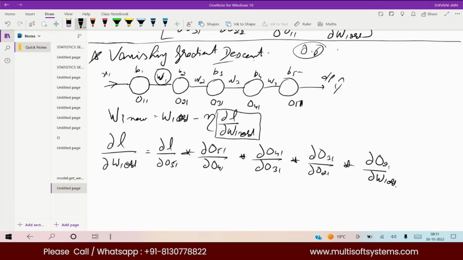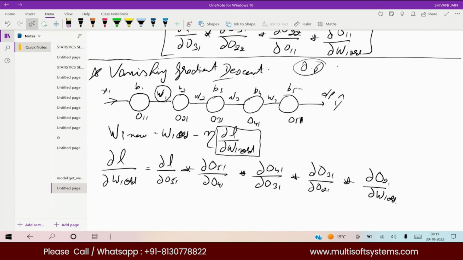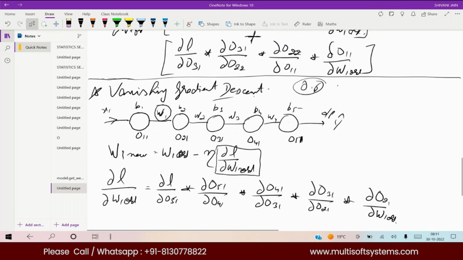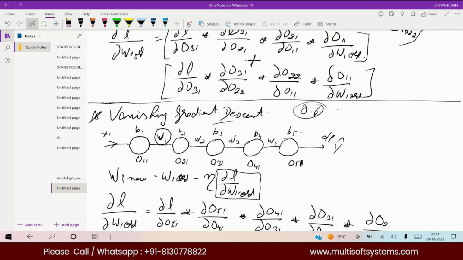Now, what is happening? We want to go back. Yesterday we talked about the sigmoid function. Let's suppose the sigmoid function is used in all of these. Earlier, up till the 2000s, only the sigmoid function was available, so they were using only the sigmoid function, and this problem arises due to that.